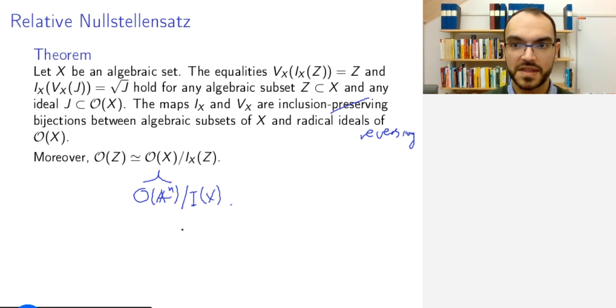So this gives us a relative version of everything, and of course there's another way to view it. You can still view it globally. An algebraic subset of X is just going to be an algebraic set that is contained inside X. So you can view everything with respect to the whole ambient space, but this makes the theory more flexible.